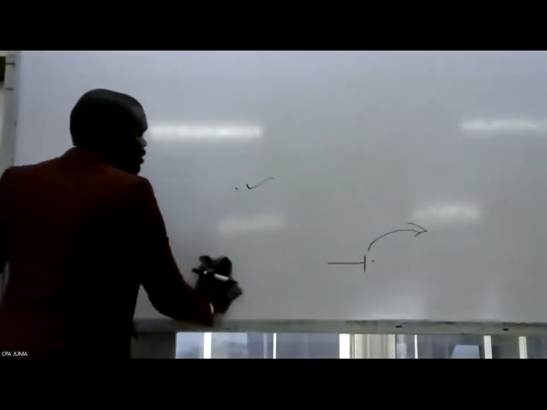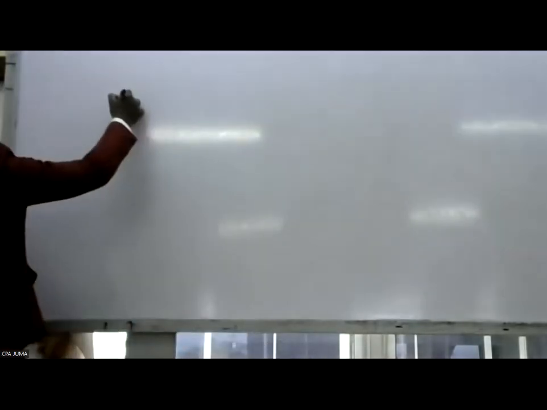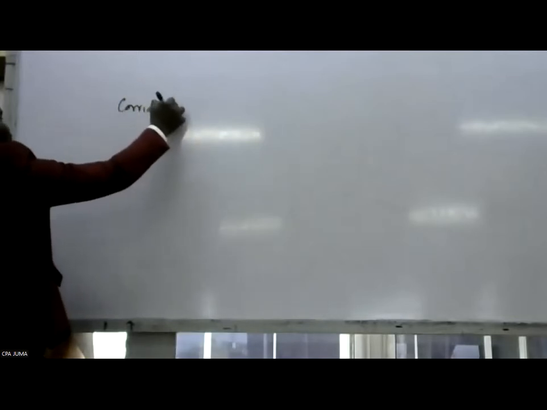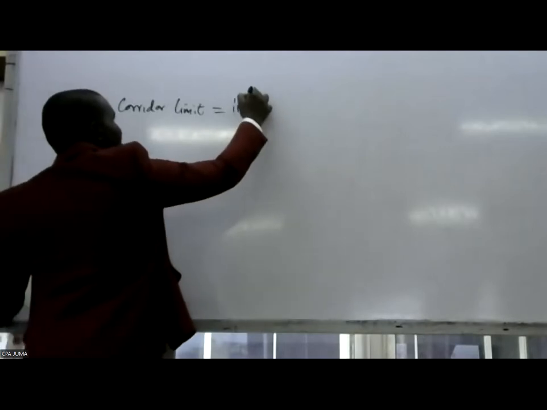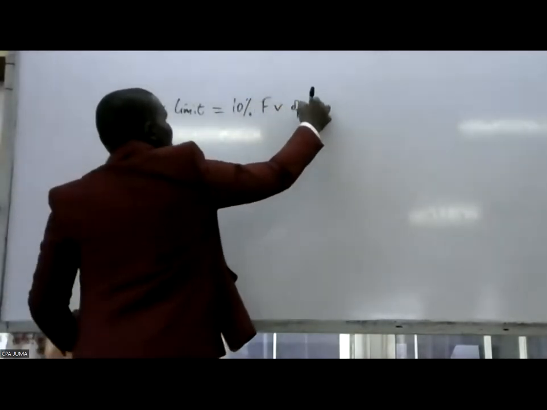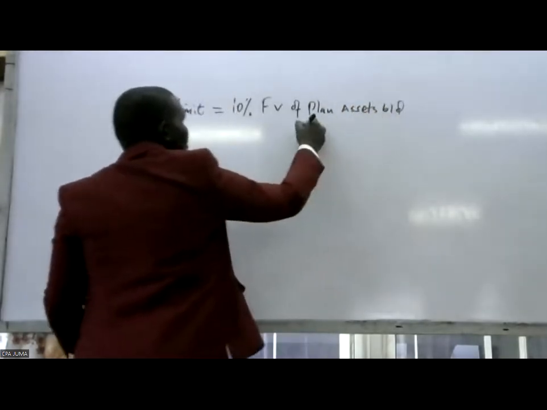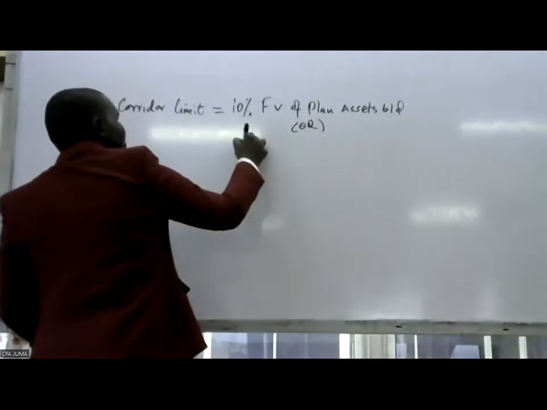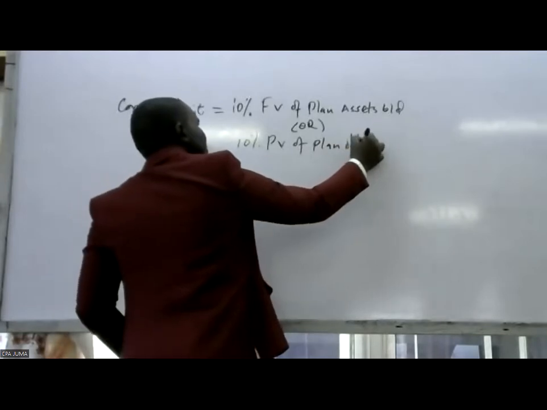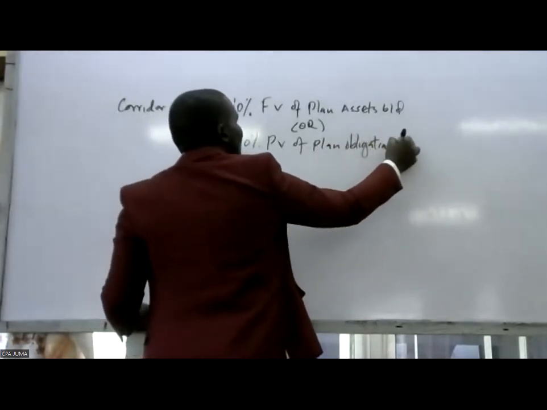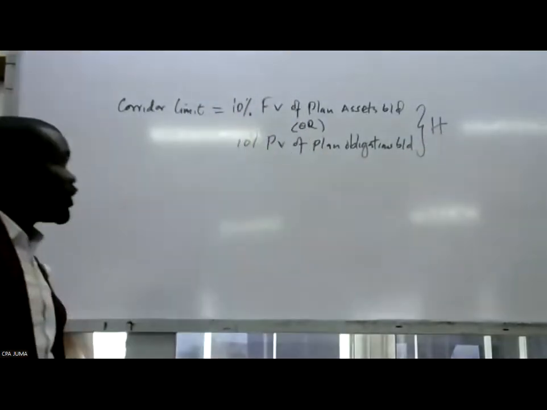So therefore, corridor limit is equal to 10% of the fair value of plan assets brought down, or 10% of the present value of plan obligations brought down, whichever is higher. That is the corridor limit.